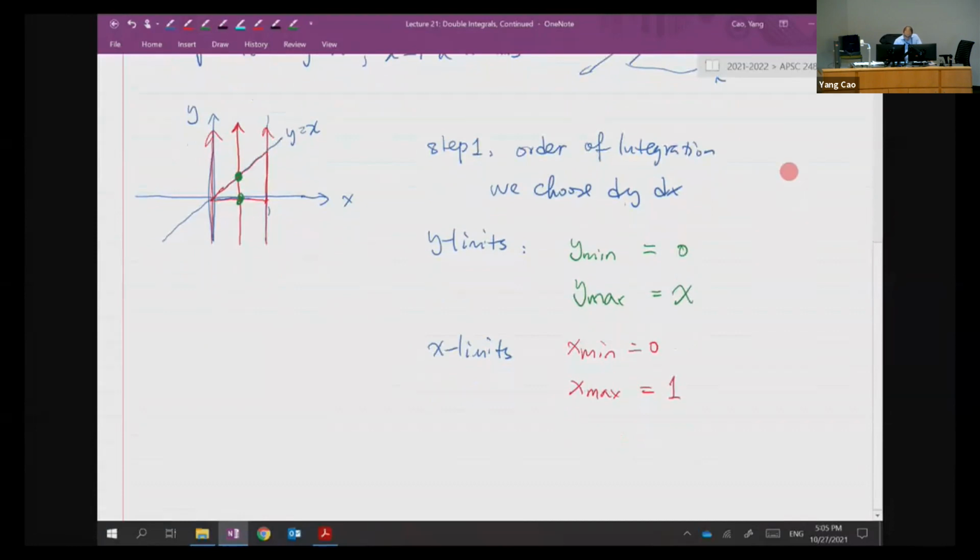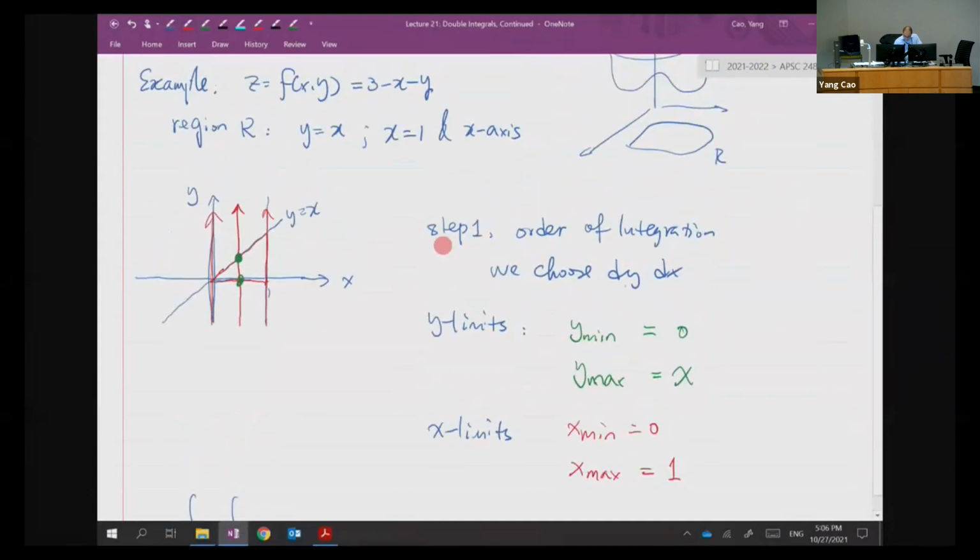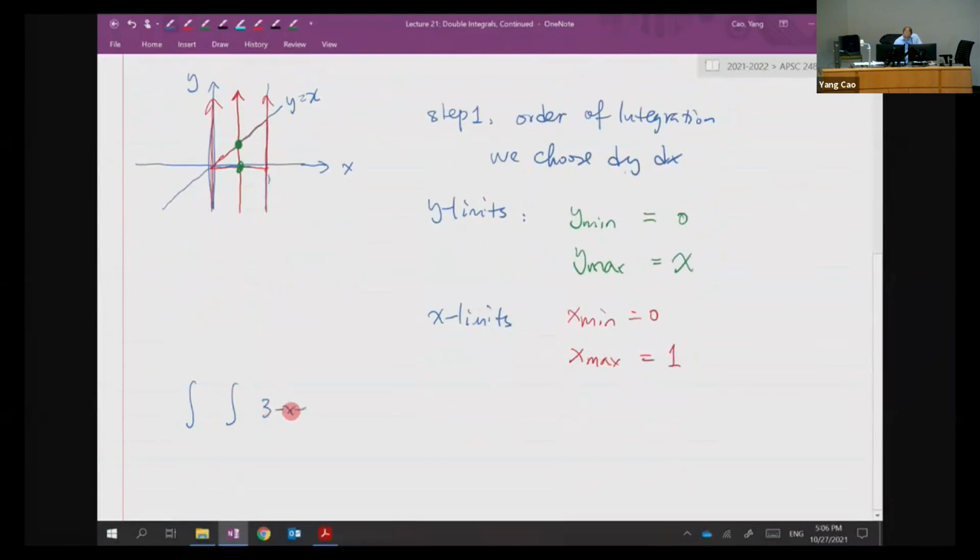Finally, we can write down the layout of the double integral. You're integrating 3 minus x minus y. The order is dy first, and then dx. The limits are 0 to x for y, and 0 to 1 for x.